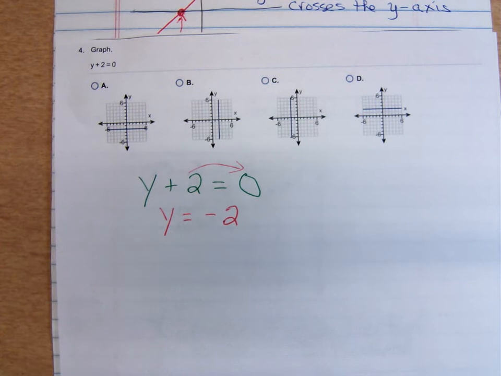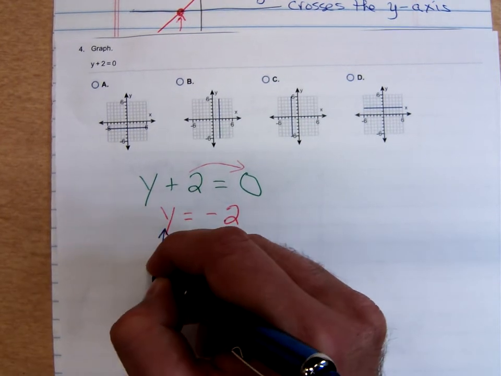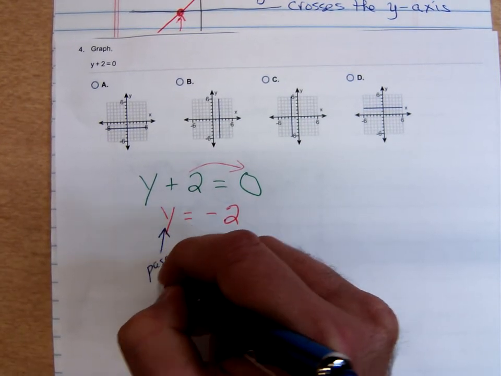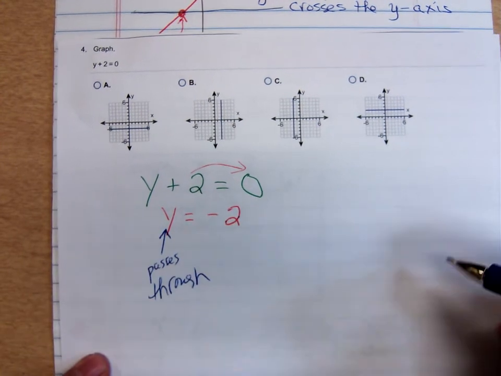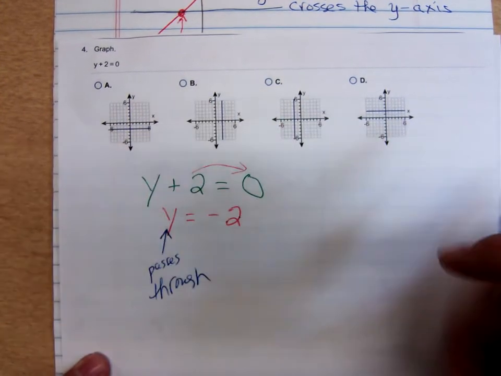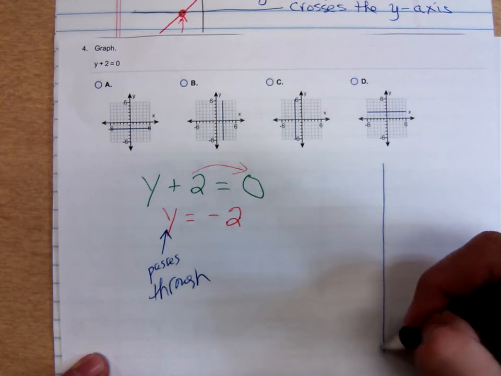It passes through the y-axis at the number -2. Those are so small, I'm going to go ahead and write it out.